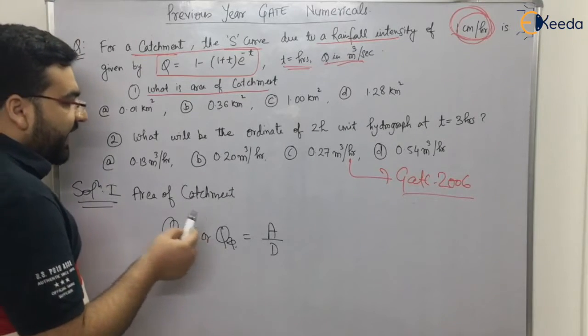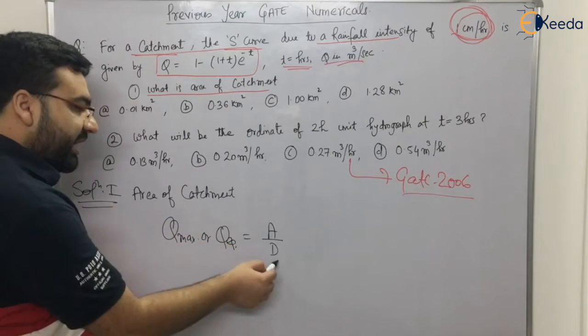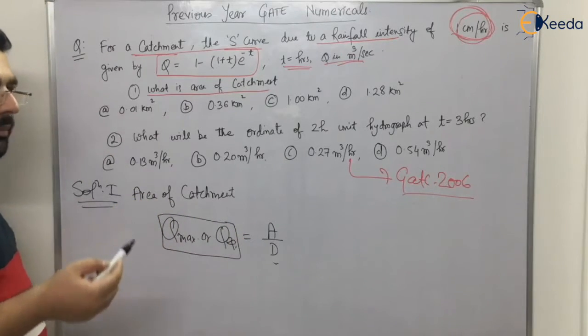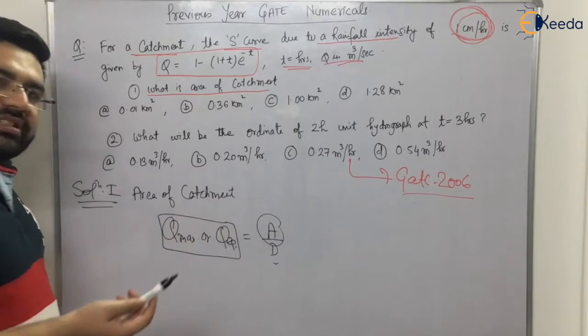So if I somehow determine Q max or Q equilibrium, I can easily determine the area. Simple, right?